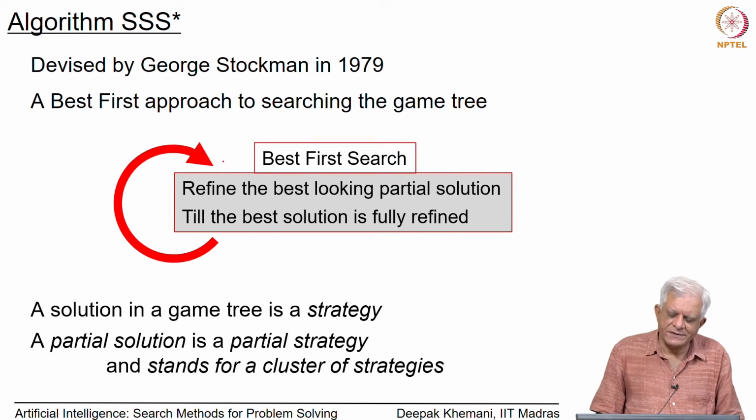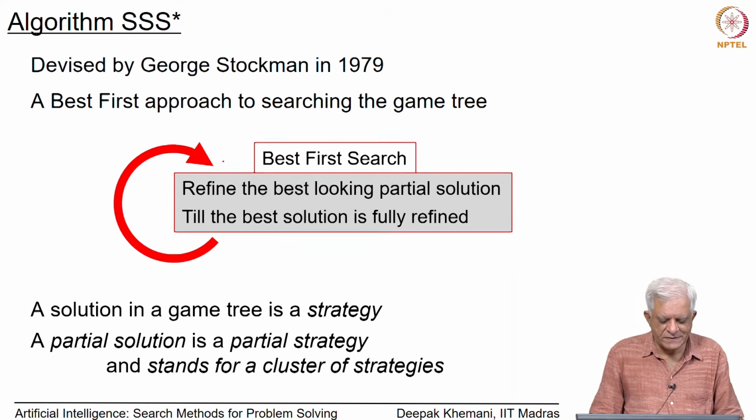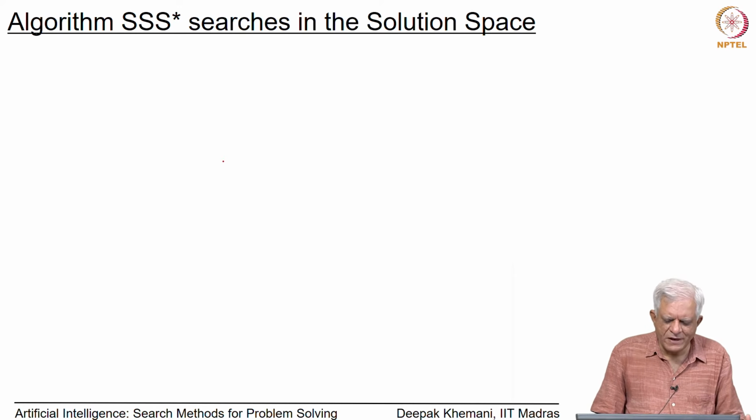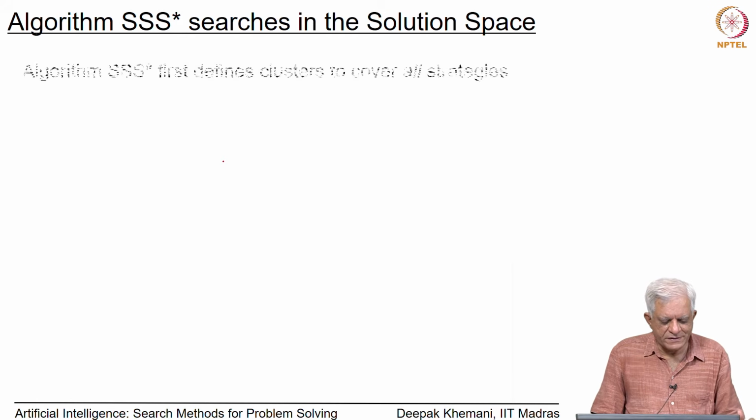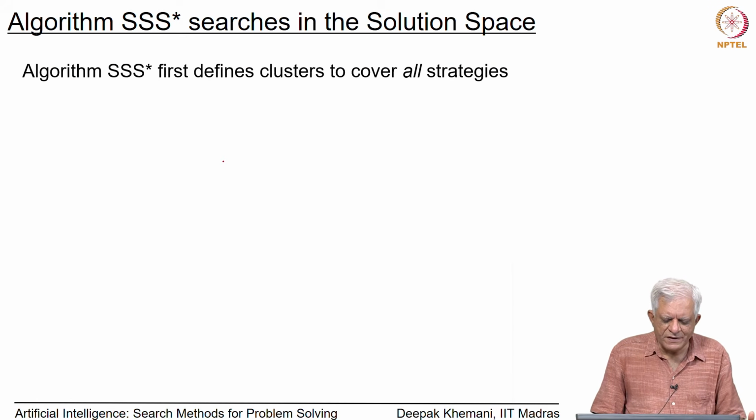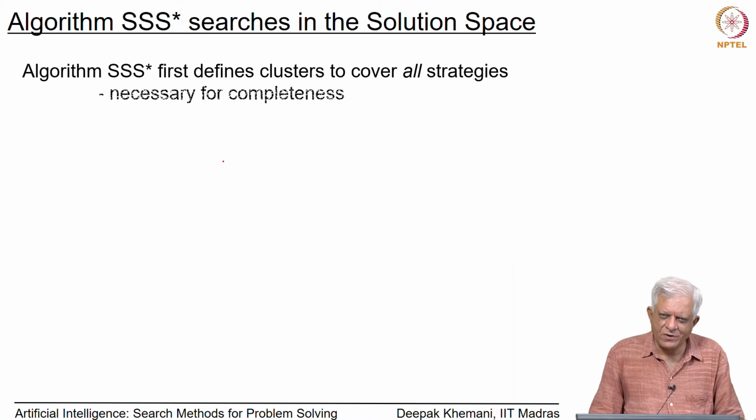So, our theme of SSS star is: refine the best looking partial solution till the best solution is fully refined, and the space in which we search must cover all possible solutions. Now, algorithm SSS star searches in the solution space, in the space of strategies, and it does the following. You first define clusters to cover all strategies.